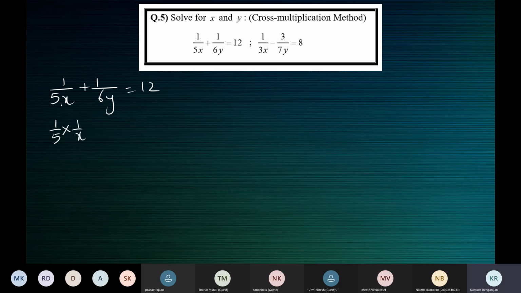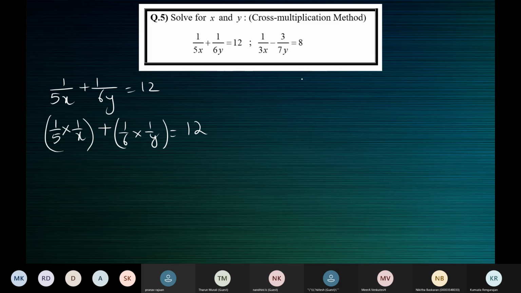So how do you split 1 by 5x? 1 by 5 into 1 by x plus 1 by 6 into 1 by y is equal to 12. And then on the side we have 1 by 3x minus 3 by 7y is equal to 8.